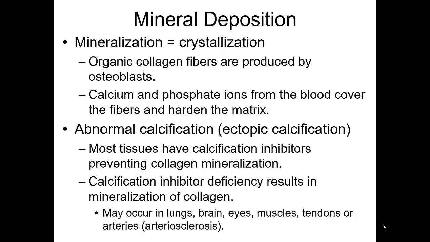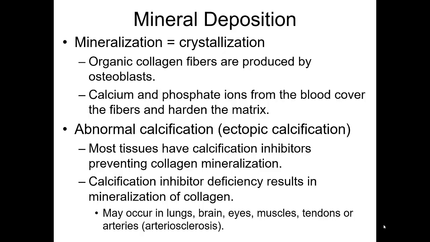If you recall from the last lecture, the osteoblasts were the collagen-secreting cells. They synthesize the collagen fibers, which absorb calcium and phosphate ions from the bloodstream and harden to form that hard ground substance. So in bone, the ground substance has to become hardened and tough.